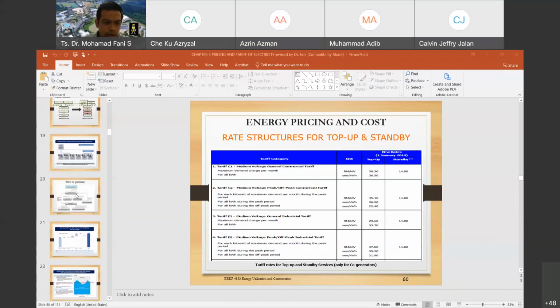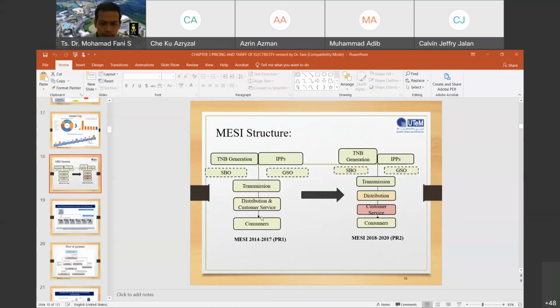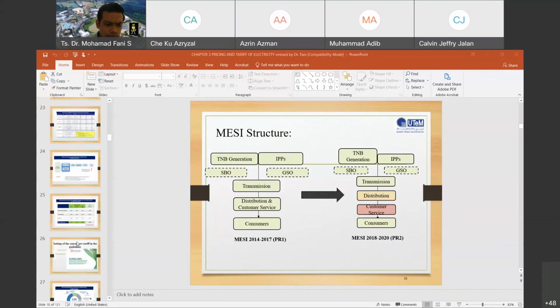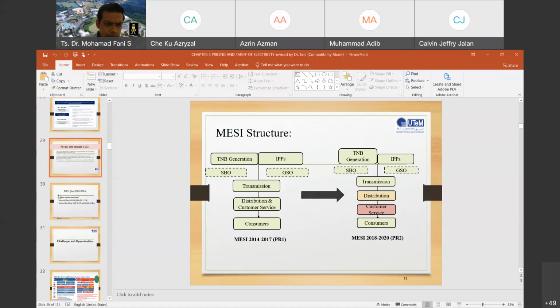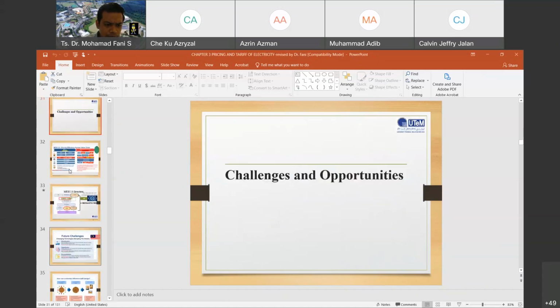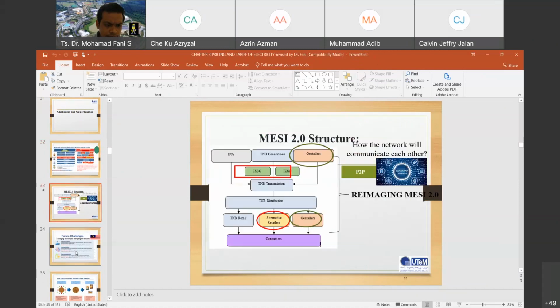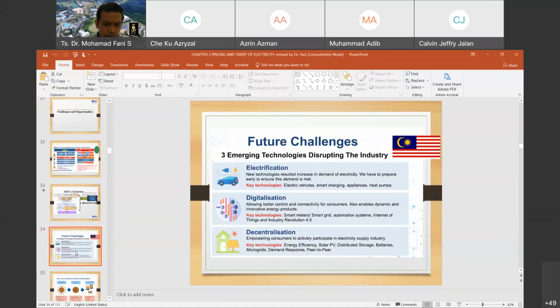That is the current information about tariffs in Malaysia, especially the ICPT tariff.